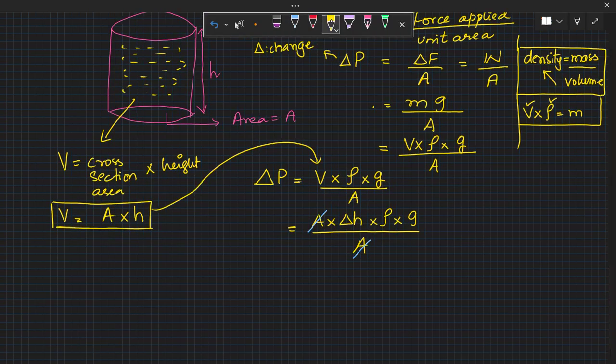But why can't we just do force over area? Actually, we are trying to make a relation between the pressure of the liquid with the density and height. Now, what have we got here?